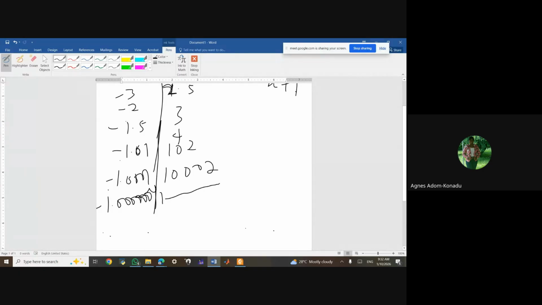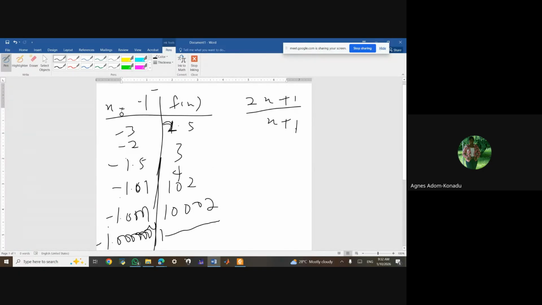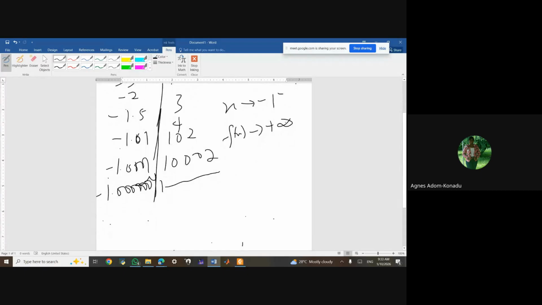So as you approach negative 1 from the left, your f of x value is also approaching positive infinity. It's becoming very big. Can you see it? Yes, madam. Okay, so we will put this one down.